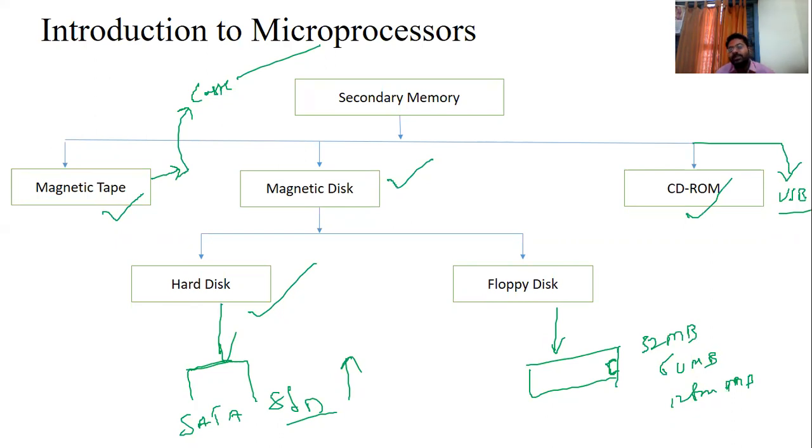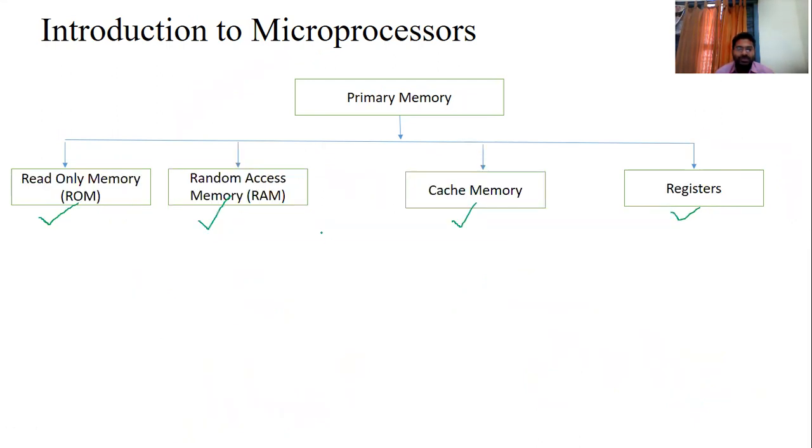Observe this: what is the primary memory, what is the secondary memory, and what is the difference between them? Primary memories are RAM and ROM as well as cache and registers. Registers are available in the CPU, while the others are outside, but all of these are present on a chip in the CPU.